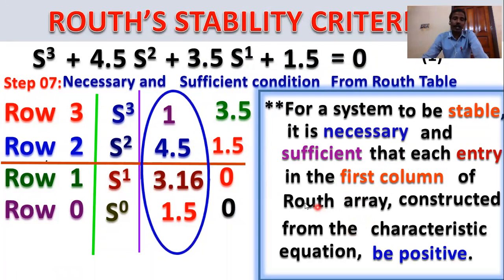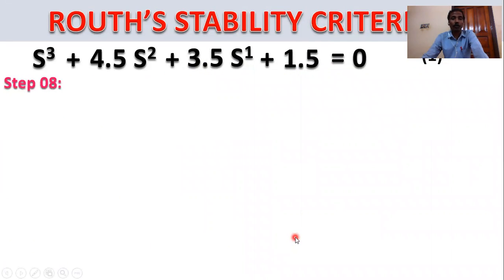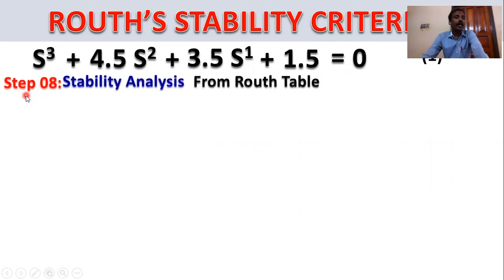In this table, 1, 4.5, 3.16 and 1.5 are all positive. So the necessary and sufficient conditions are satisfied, and this system is stable because all the coefficients of the first column are positive. This is the stability analysis from the Routh table.